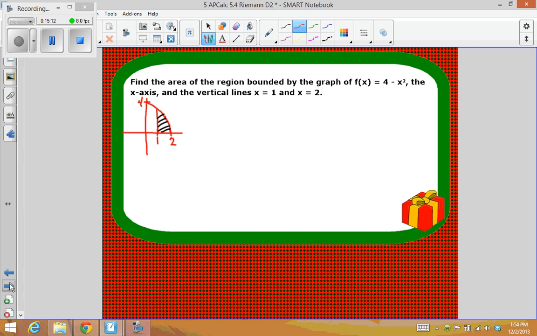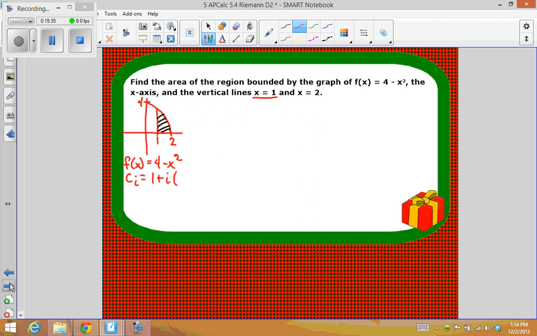Again, always start by writing those central things down. Write down your f of x, write down your c sub I, write down your delta x. f of x is 4 minus x squared. c sub I is always your a value, where you're starting. In this case, you are starting at 1, plus I times delta x.